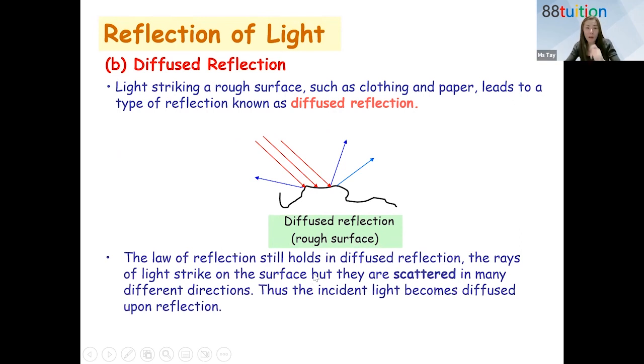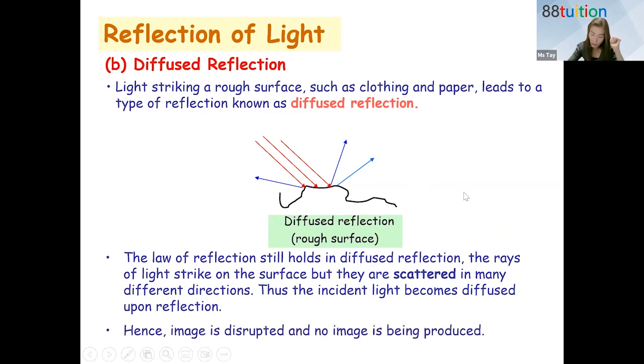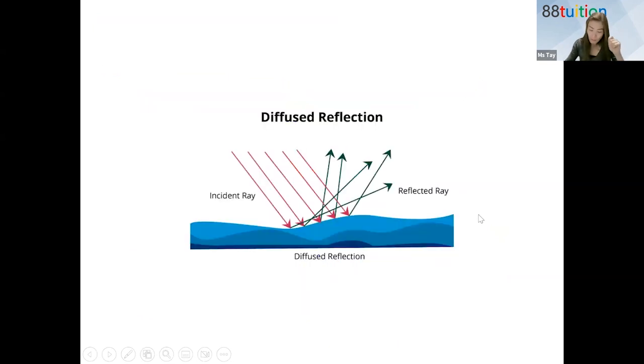Take note, the law of reflection still holds here. Every ray that comes in and hits the surface will get reflected off. But because they are all scattered in different directions, the incident light becomes diffuse. So the image is disrupted, or we can say no image is formed. Let me show you a better example.